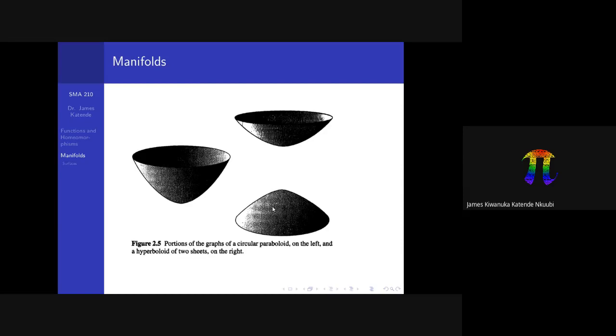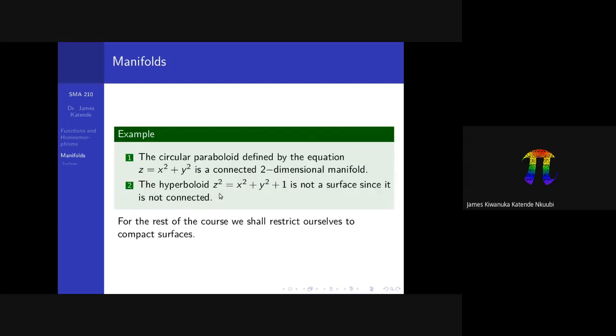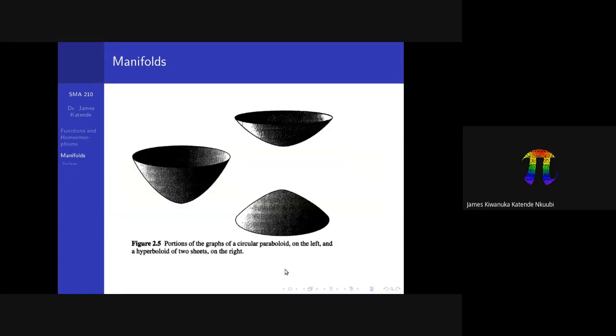So this second diagram shows the hyperboloid z squared is equal to x squared plus y squared plus 1, and since it is not connected, we say it is not a surface.